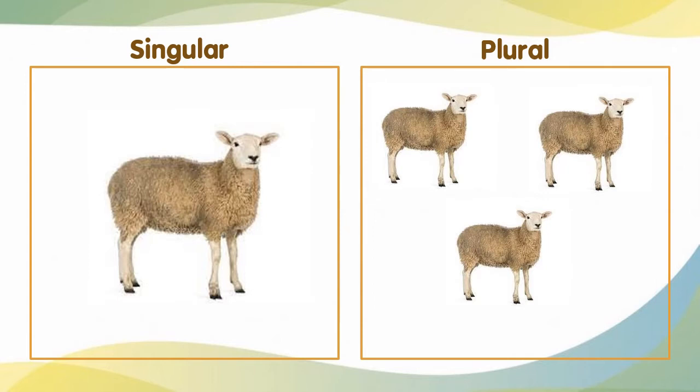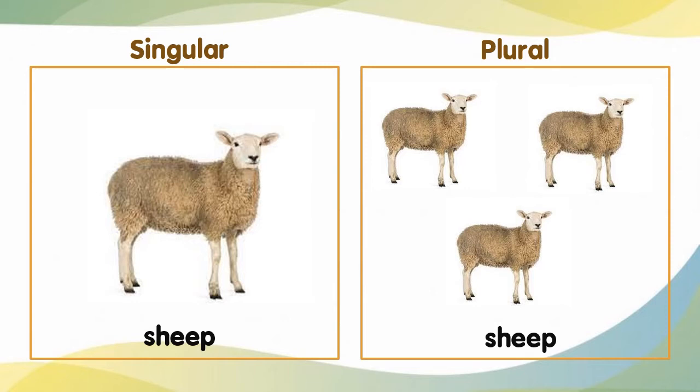Irregular nouns that do not change at all when made plural. Some English nouns are identical in both the singular and the plural forms. Many of these are names for animals. For example, the singular and plural for sheep are the same.